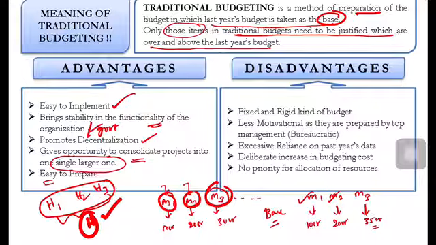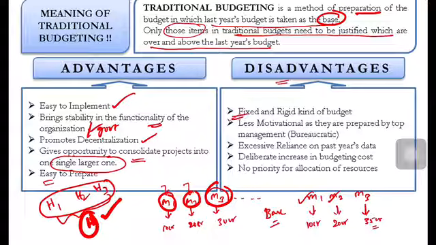Same words will get repeated, same chapters, same names, same diagrams, only the numbers will change. So it's very easy to prepare because the paperwork you have already done. If there are any changes this year, only then you will substitute those changes. That's it. But there are some disadvantages.